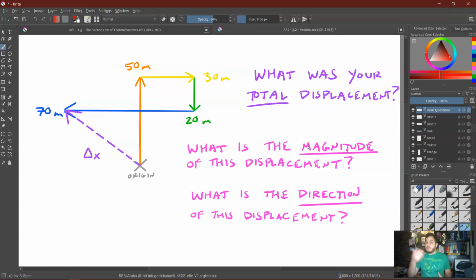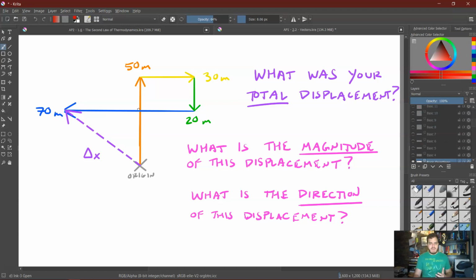So it needs to include both the magnitude piece and the direction piece. Well, how can I go about doing that? Now, most of you probably can do the magnitude pretty easily, because if you look at this, you might be able to think, okay, well, if I played around with this, I could definitely figure this out, keeping in mind that this right here is a right angle.